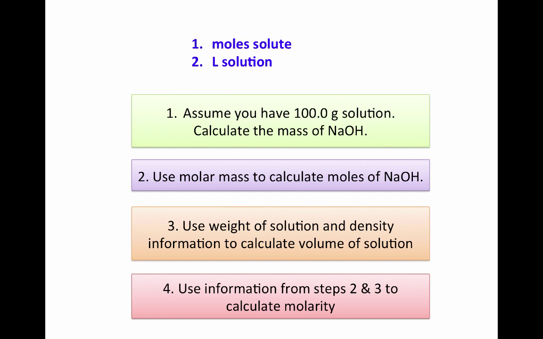So we're going to take the mass of the solution and the density that we're given to calculate the total volume of the solution. So that will give us the volume of the solution in liters. And then we will have both of the things that we're looking for, and we're going to take that information and use it to calculate molarity.